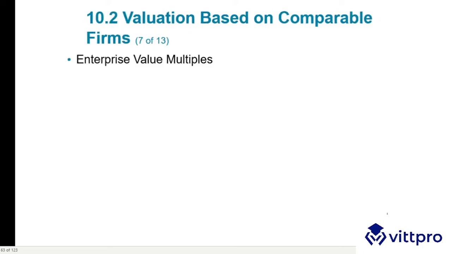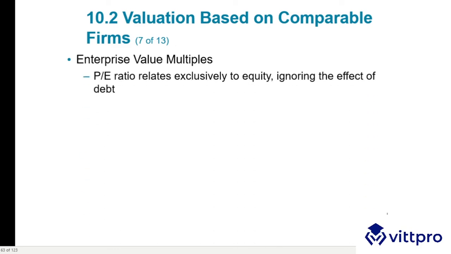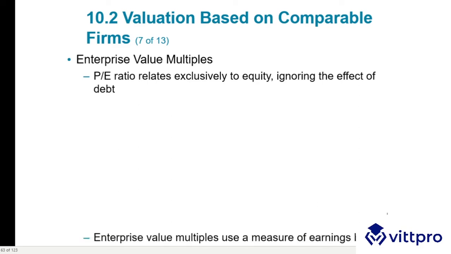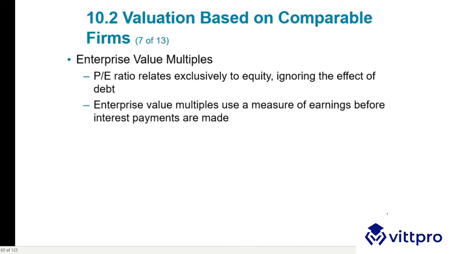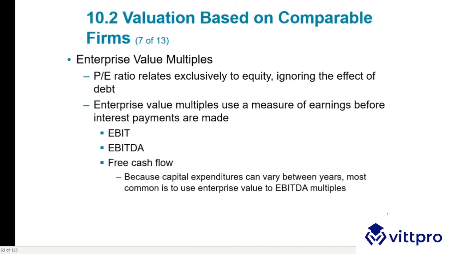Okay, then there is another one, enterprise value multiples. So one is PE multiples, and then there are enterprise value multiples. Enterprise value multiples make sure that the earnings are before the interest is deducted, because last time, we remember, we calculated based on EBIT, or based on the free cash flows, not based on the net profits.